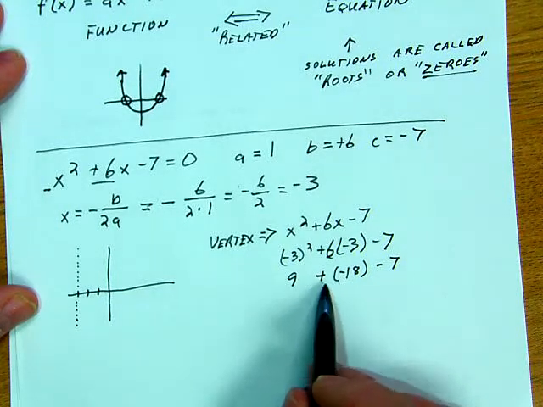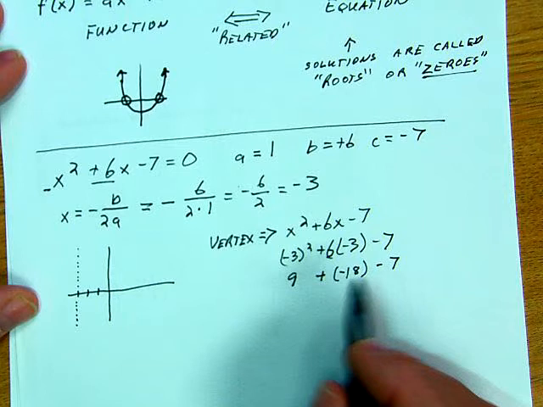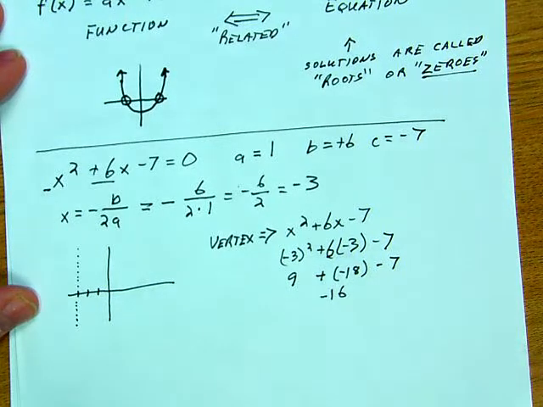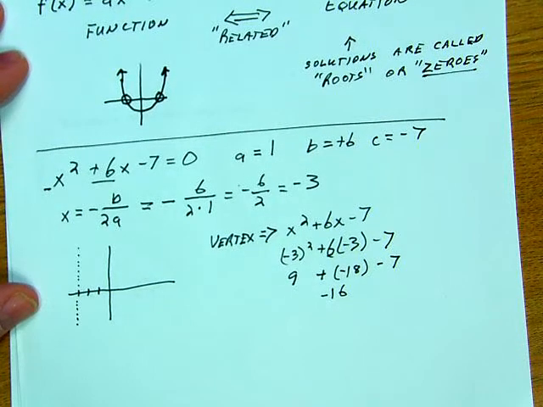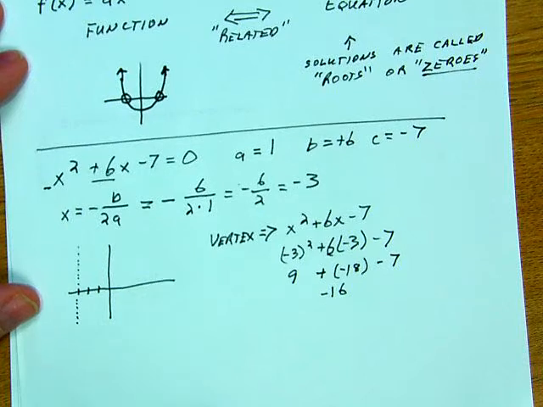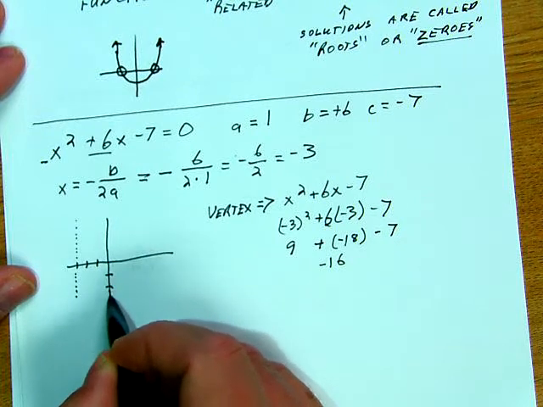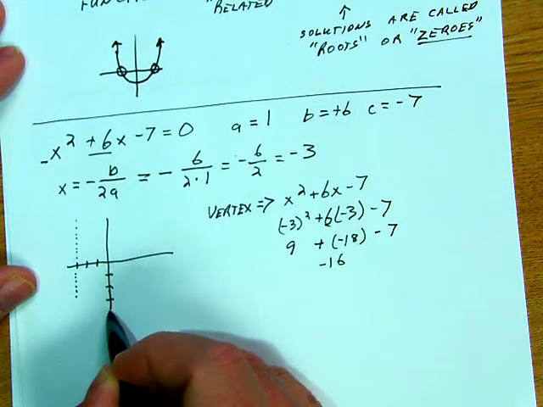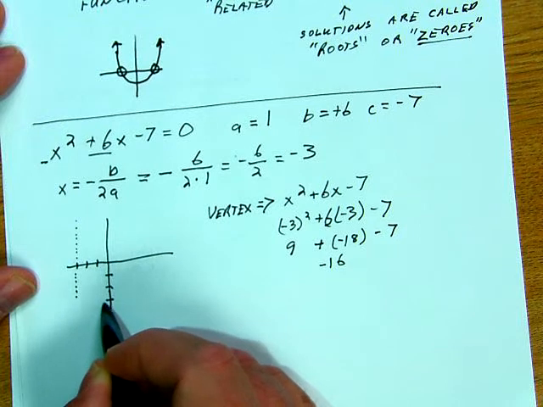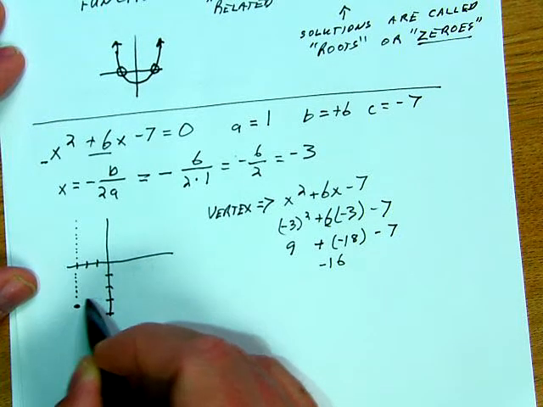So 9 plus negative 18 is negative 9, minus 7, and the whole thing is negative 16. When I graph this, it would be negative 16. So let's come down here. Let's make each tick mark 5, 10, extend this down, 15, and 20. So 16 is going to be about right there.